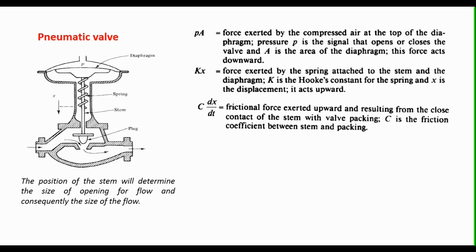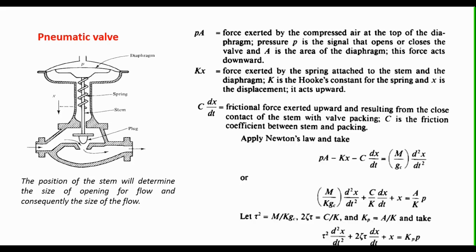If we balance these forces with the motion of the fluid, again it comes out in terms of tau square d square x by dt square, a second order system. So pneumatic valves, U-tube manometers, all these measuring elements or final controlling elements are by default second order systems.